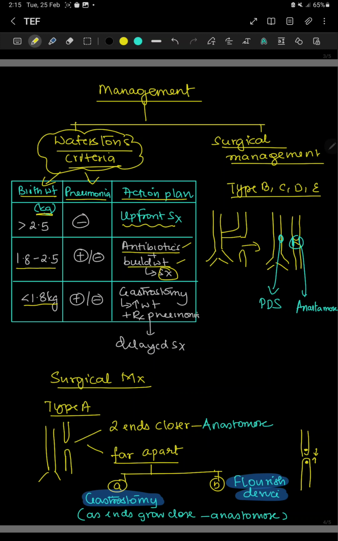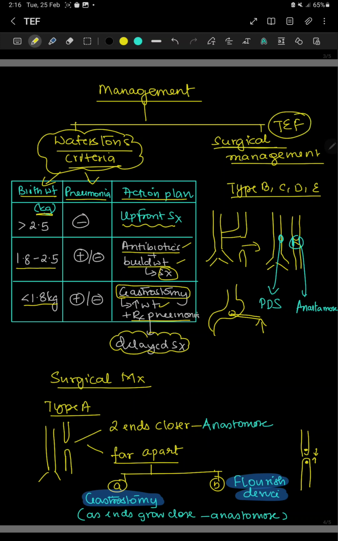If the weight is less than 1.8 kgs, with or without pneumonia, then you have to do something called gastrostomy, where if this is the stomach, you put a tube to the stomach and start the feeding through this tube, and as the nutrition improves, the child will gain weight, and also treat pneumonia if it is present, followed by delayed surgery, which is preferred. Okay, so based on this criteria, finally the definitive treatment for TEF is surgical management.